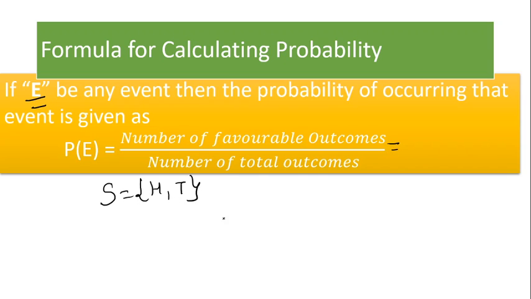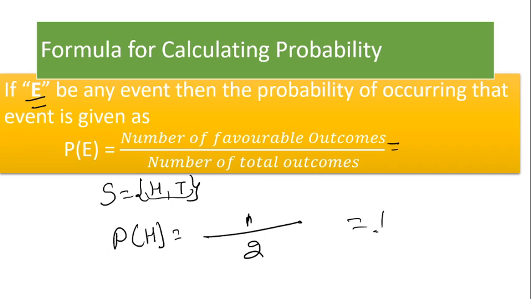Suppose we have to find the probability of getting head. Total outcomes are two, and the number of favorable outcomes, meaning how many heads are in the sample space, is only one. So the probability is half.